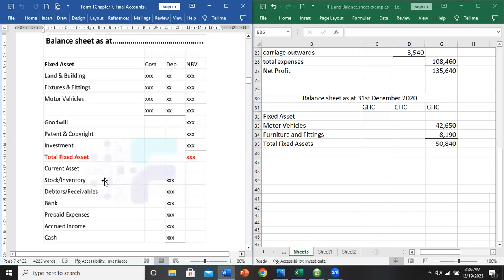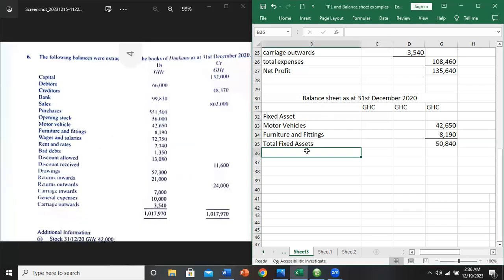So current assets, we have the stock, which is the closing stock, debtors, bank, prepaid expense, accrued income, and then cash. Okay. So let's check the question, which ones we have available there.